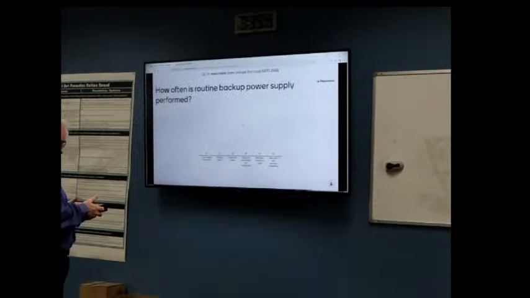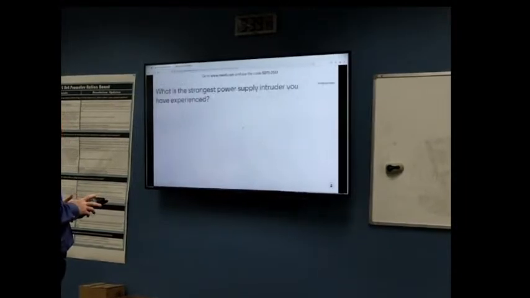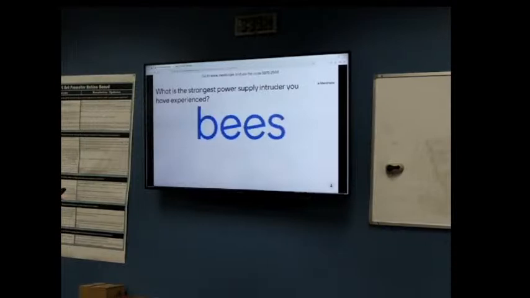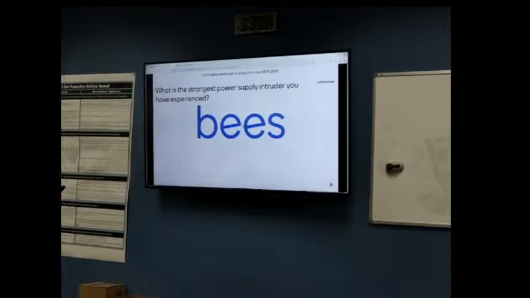What's the strangest power supply intruder you have experienced? Okay, so I showed pictures of different burn-in, and I'm going through mine as well.